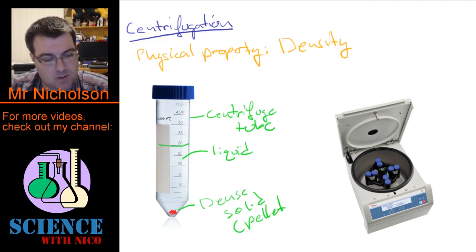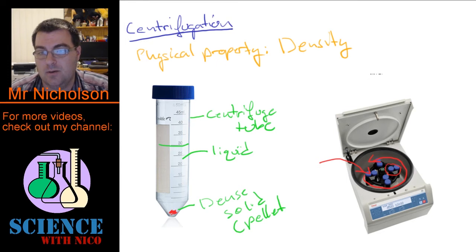When we load our sample in, like so, it's going to be spun in a circle at, on average, about 2,000 revolutions per minute. It'll vary a little depending on the exact device, but that's quite a common speed. The vial is on a hinge, so this little section here will rotate out when it's spinning.